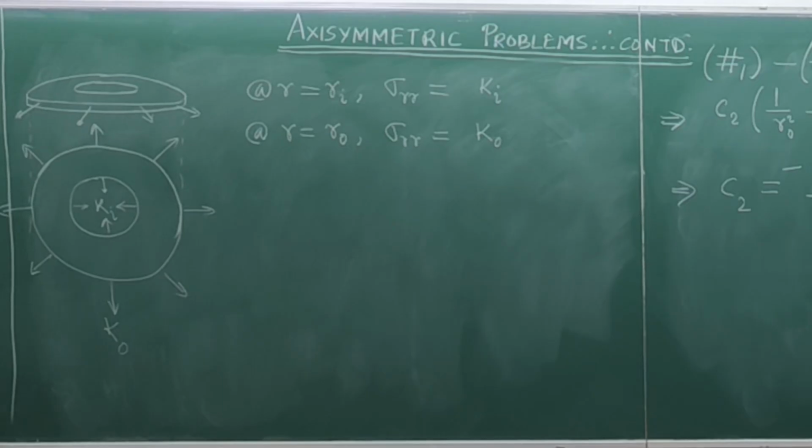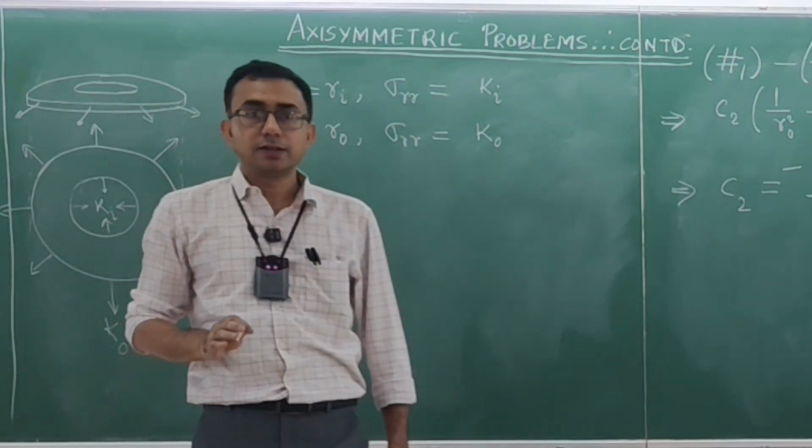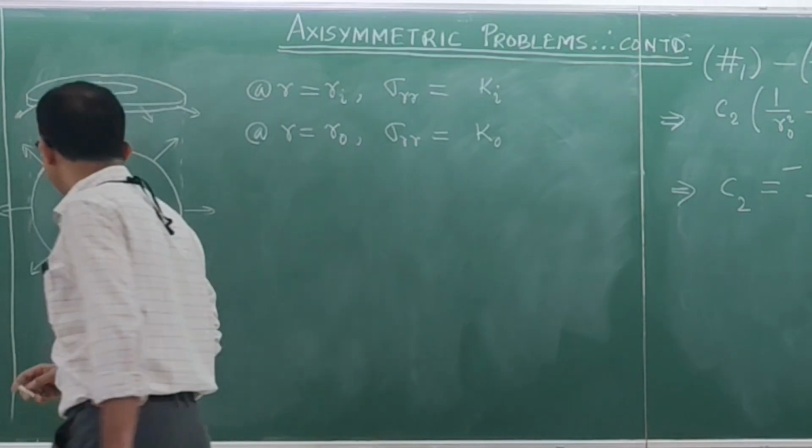Please take a look back at your notes. It's there. What did the stress equilibrium equation in the radial direction reduce to under the conditions of axisymmetry and no load in the theta direction? Right.